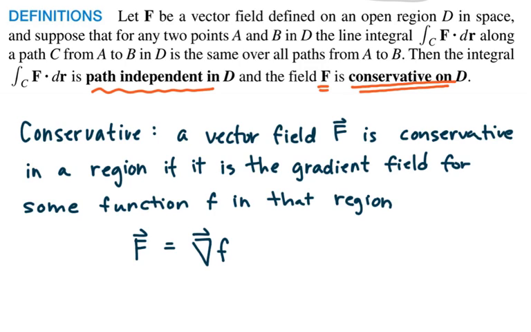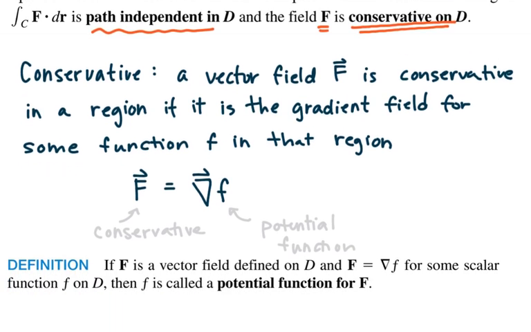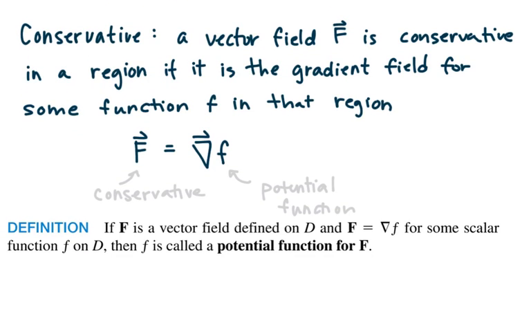So we're going to bring in another word here. We're saying this could be conservative, and little f here is a potential function. So also defining a potential function: if this property exists, we have some vector field defined on the region D, and that vector field is equal to the gradient field, then little f is called the potential function.